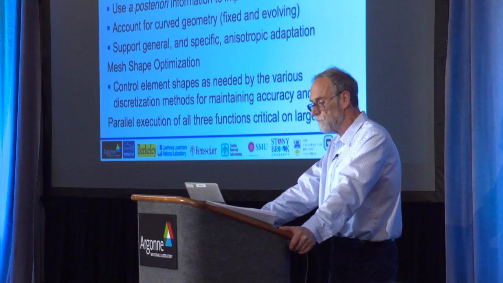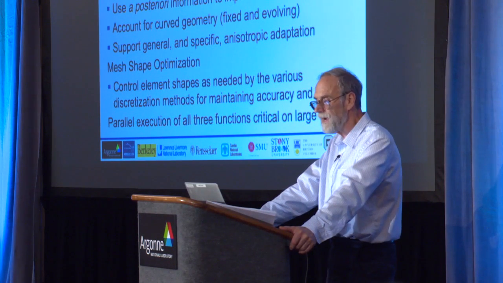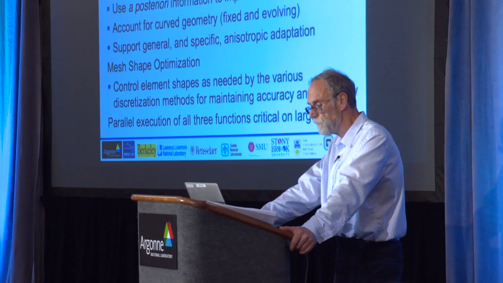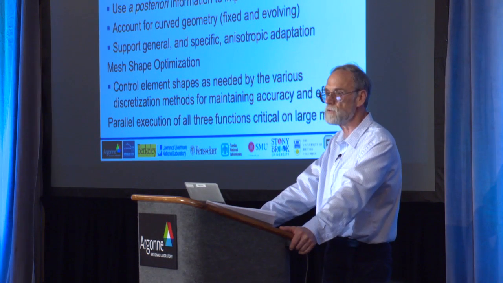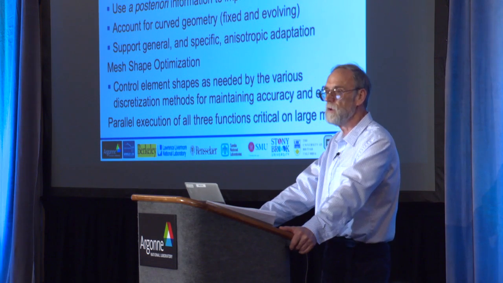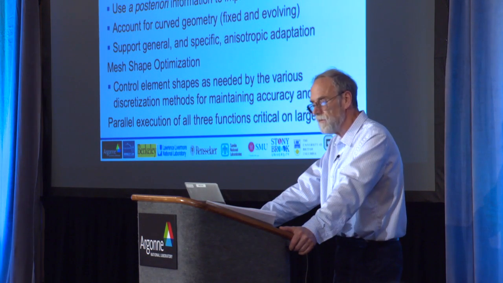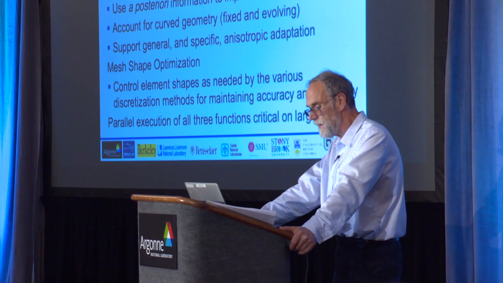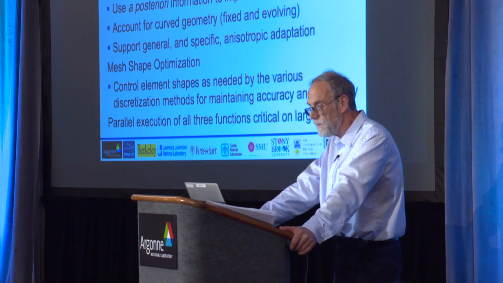You need high levels of automation on that. When you're adapting the mesh, how do you account for the a posteriori information to improve the mesh, be it discretization error control or element shape control or detection of the formation of contact, etc. Also accounting for curved geometries with either straight-sided elements or higher order elements.